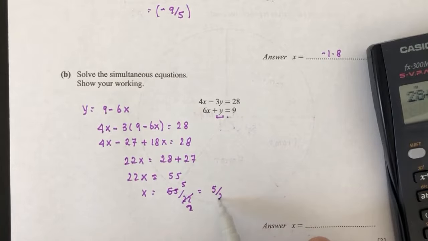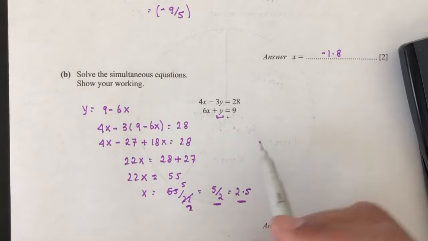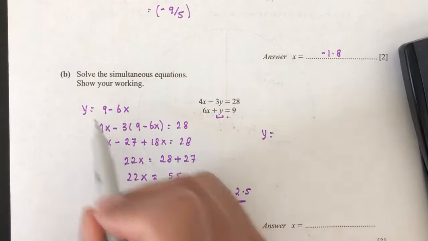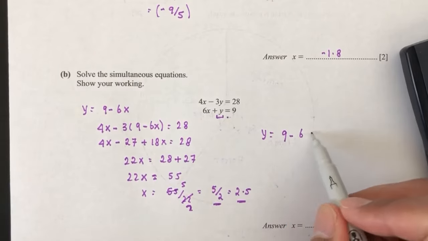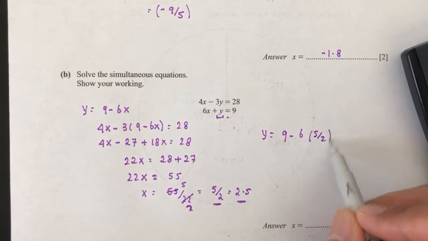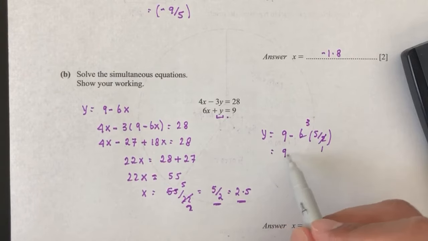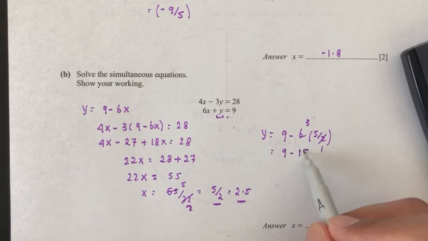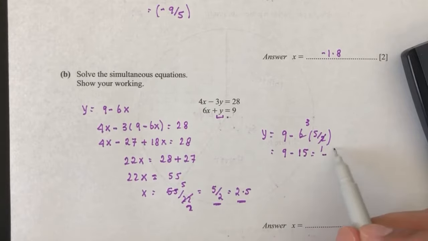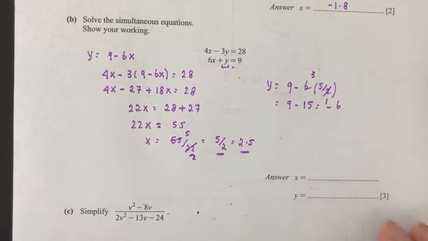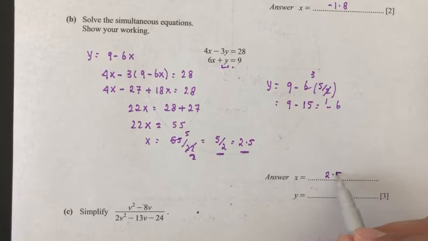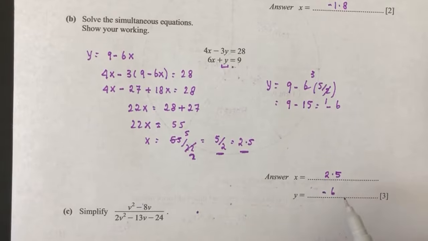So 5 over 2, which is 2.5. If you want to, you can choose this one or this one as your answer. Now y is equal to 9 minus 6 times 5 over 2. That will be 3 times 5 is 15, 9 minus 15. That will be minus 6. So your answer here will be x equal to 2.5 and y is minus 6.